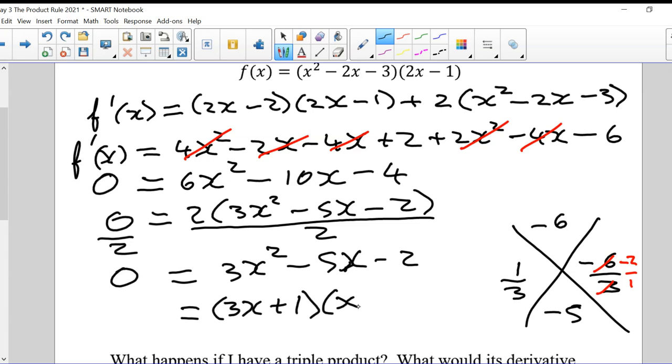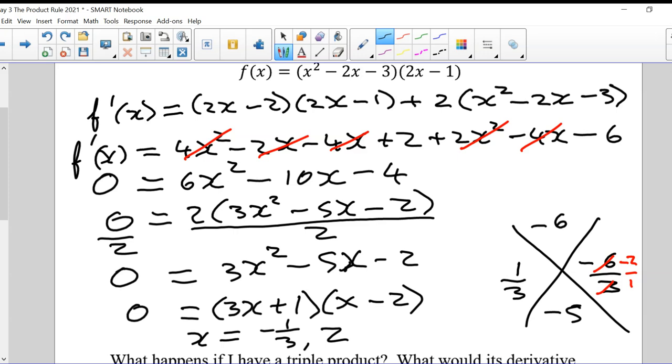Bottom number, which is x, or just 1x, minus 2. And what you heard her saying a while ago was that you can multiply it out and see that it comes back to what you wanted it to be, which is the 3x squared minus the 5x minus 2. So if this is equal to 0, then using the zero product law, that means that x is equal to minus 1 over 3 and 2.